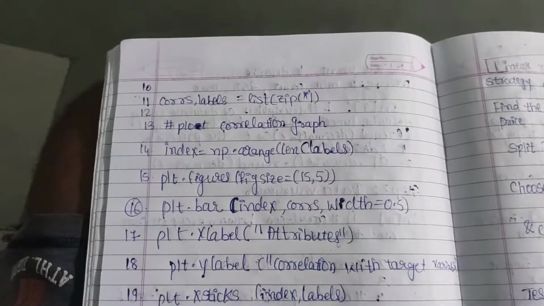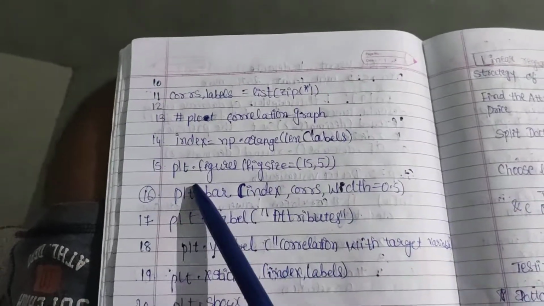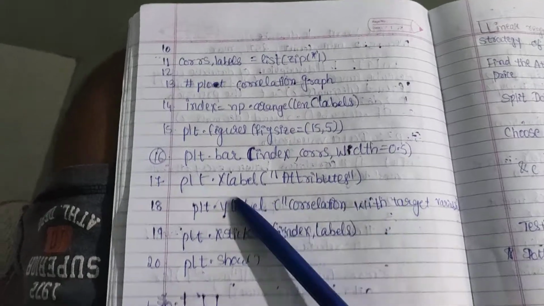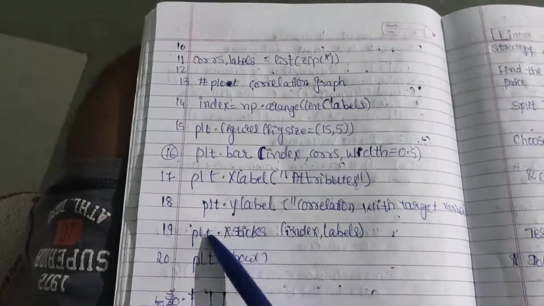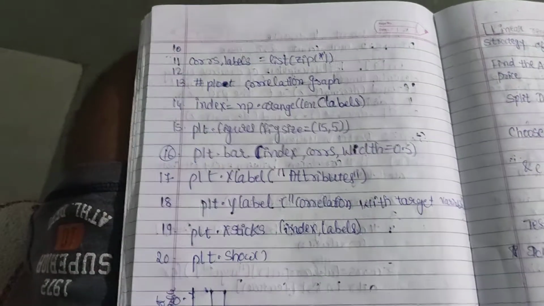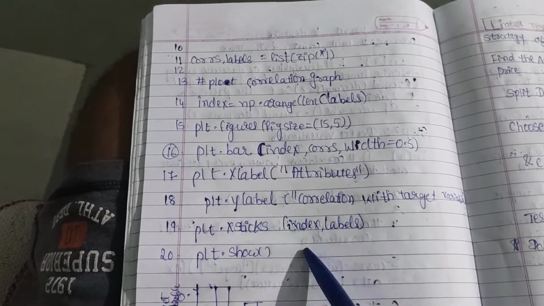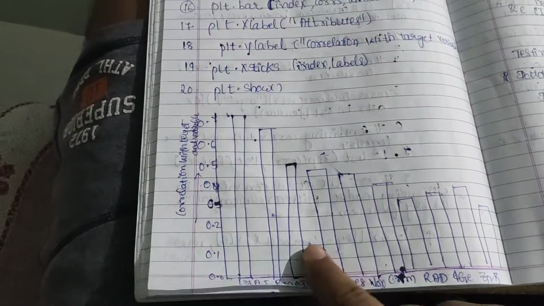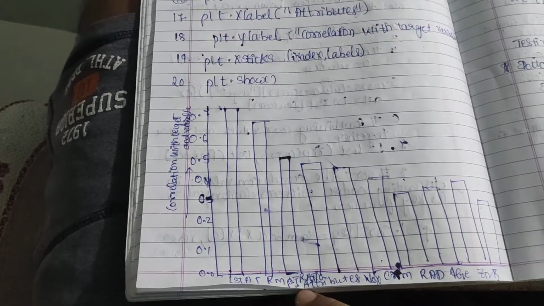Now to arrange the labels, index and plot the figures: for plotting the graph we use plot, x label, y label for attributes and correlation between the attributes, and plot show to show the graph. This is a graph between correlation and attributes.